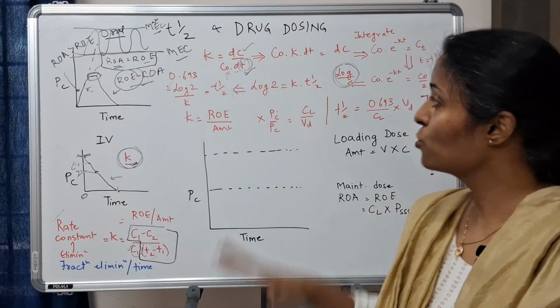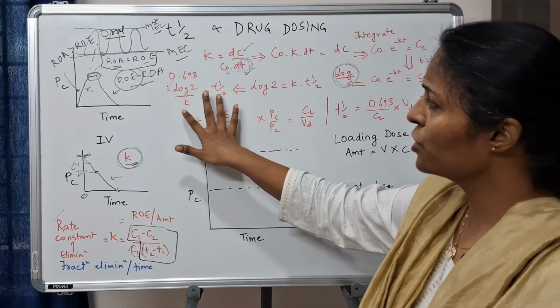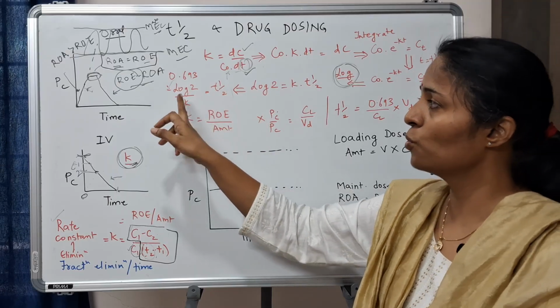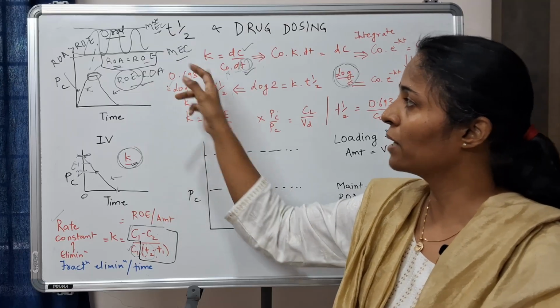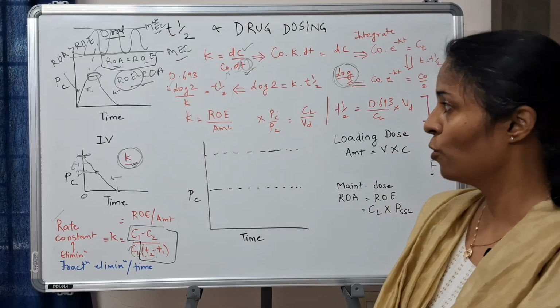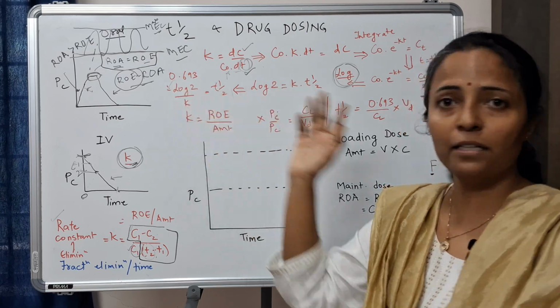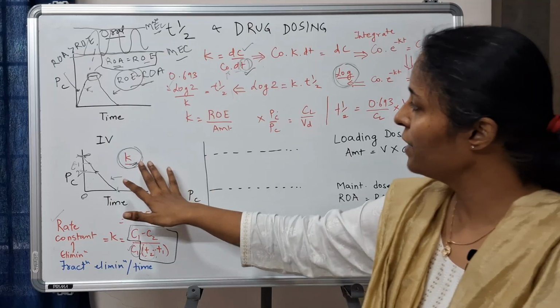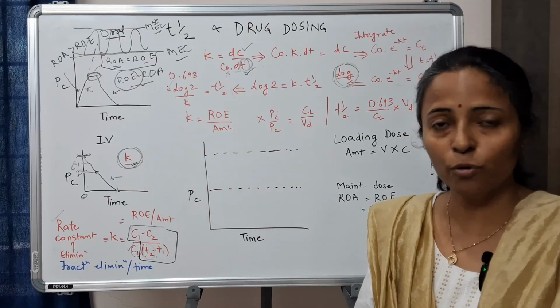I am not going to solve this entire equation, and it is not necessary also, but this equation you should remember: T half is equal to log 2 divided by K, where log 2, if we calculate, comes to 0.693. Okay, so T half is equal to 0.693 divided by K. Now before we have seen that K is equal to rate of elimination divided by amount. Okay.